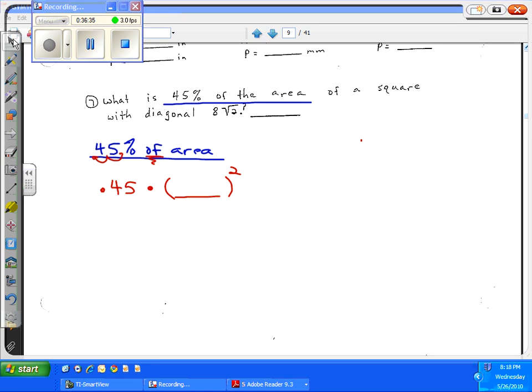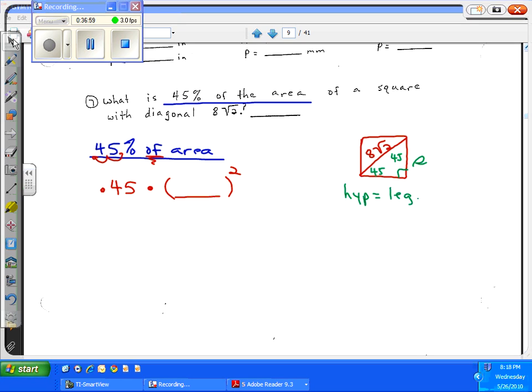But it didn't give us the side, it gave us a fact, and the fact was that the diagonal was 8 square roots of 2, so we'll put that in a picture so we can kind of think about it. If we draw a diagonal in a square, we get a 45, 45, 90 triangle. We need the length of a side. We're going to use the 45, 45, 90 triangle formula.